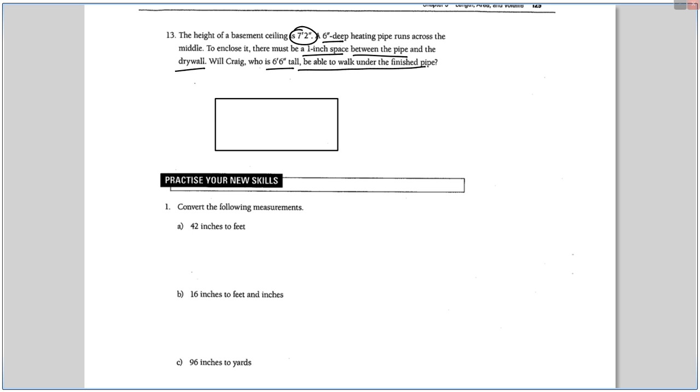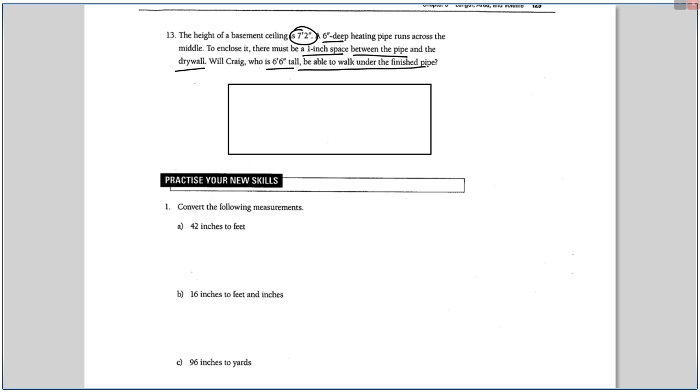So if you draw in what looks like a room, you can see that here you'd have the height of the room, which is 7 feet 2 inches.